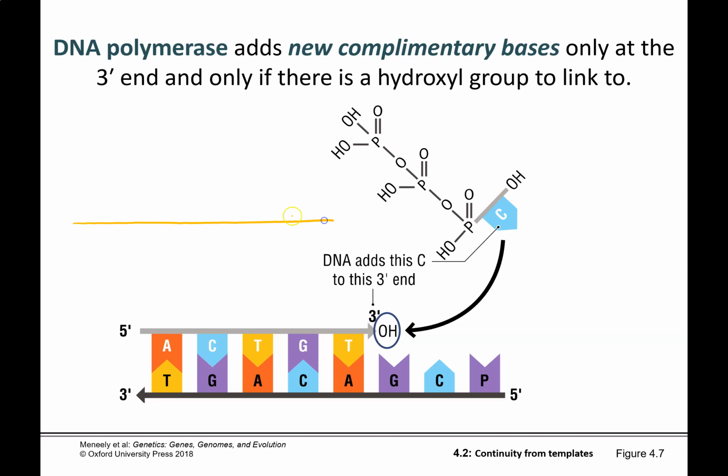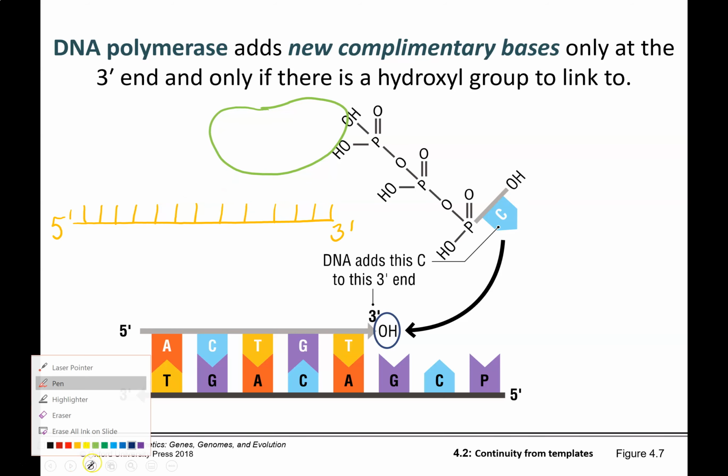So if we have a molecule like this that doesn't have a complementary strand attached or doesn't have an end of that complementary strand available, DNA polymerase, which was that big green blob on the previous page, cannot, I should have made that red, cannot bind if it does not have a free 3' end.